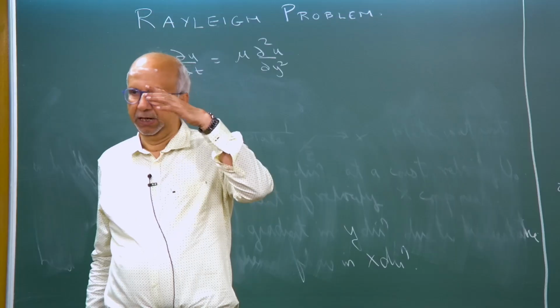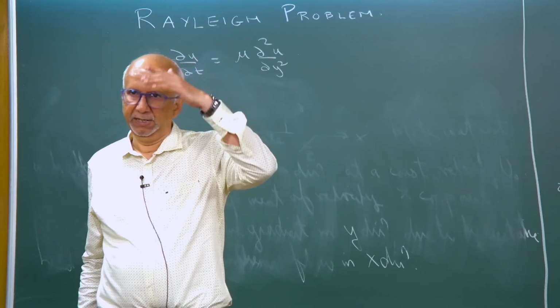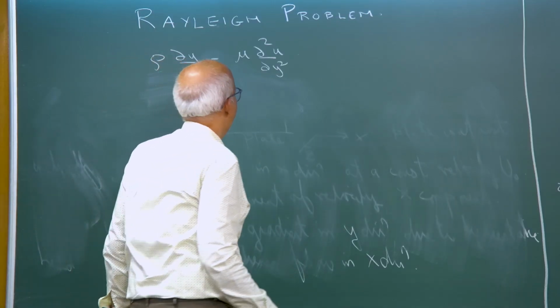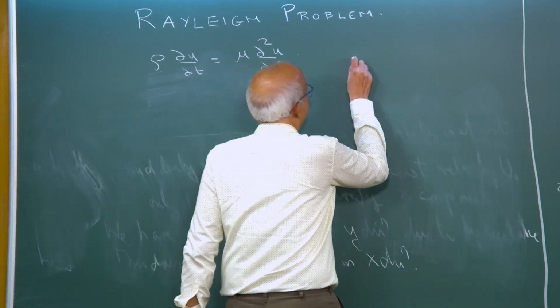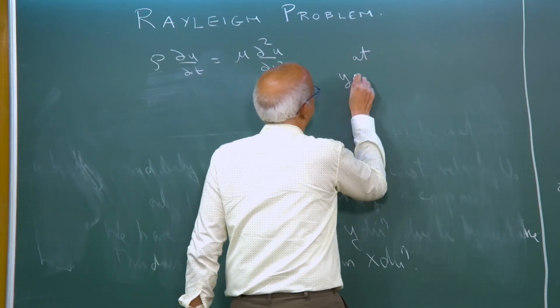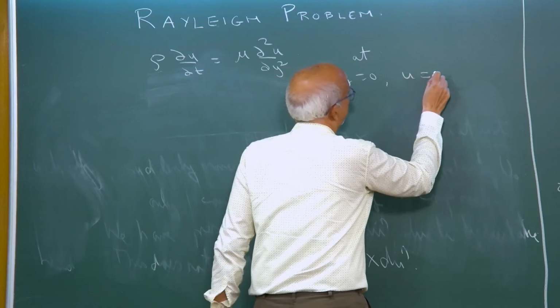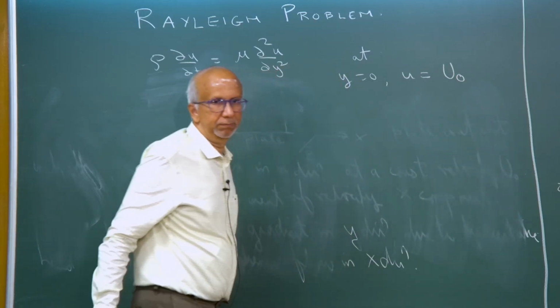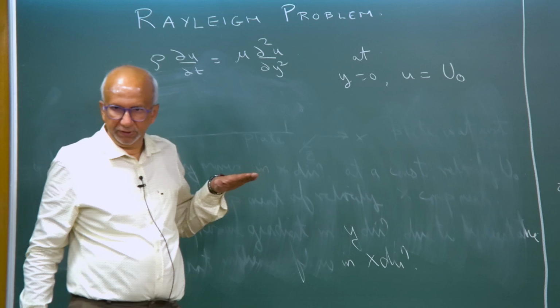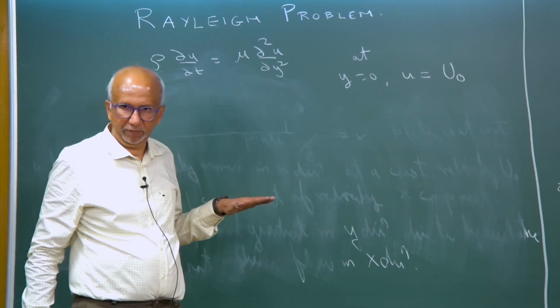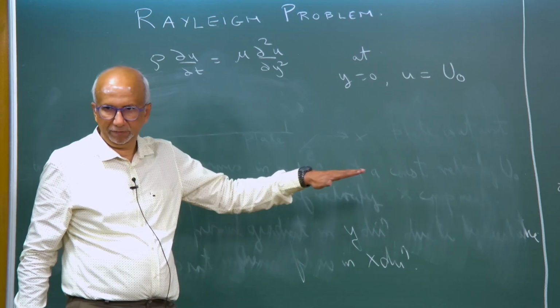Only thing is, now in the y direction the extent is infinity. So, what will be the boundary conditions? At y equals 0, u is equal to u naught, because of the no slip condition. The liquid velocity will be same as the plate velocity.